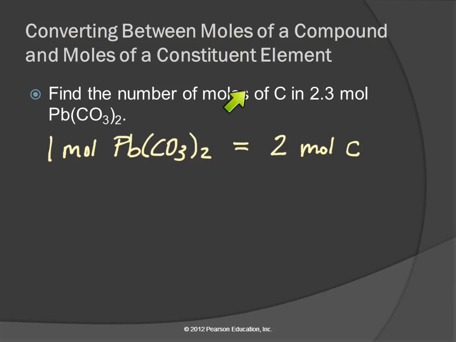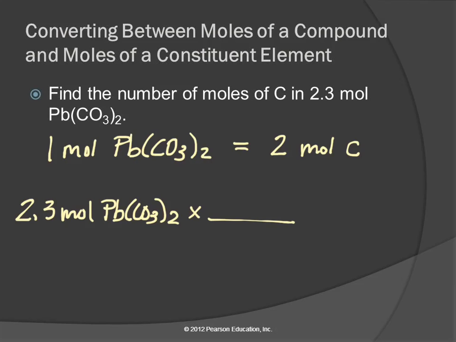Here we're looking for moles of carbon in 2.3 moles of lead carbonate. We want to know moles of carbon, so we need to divide by moles of lead carbonate, PbCO3 twice.